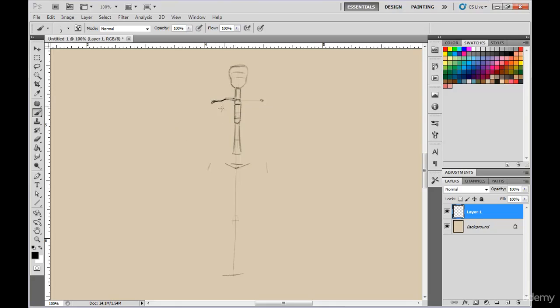Then you kind of dip in down here like this. What's important to memorize about the collarbone is that it attaches here, and then it's attached to the scapula, also known as the shoulder blade. I'm just going to kind of shape it like this.